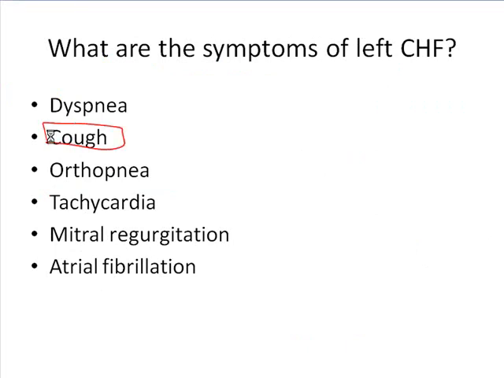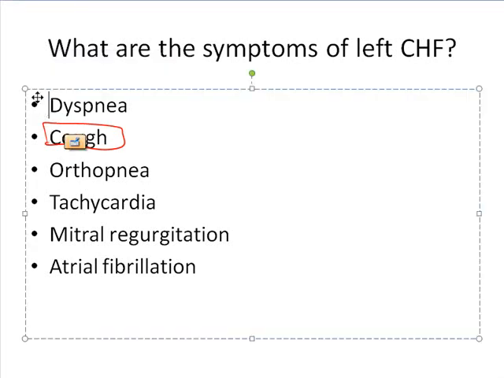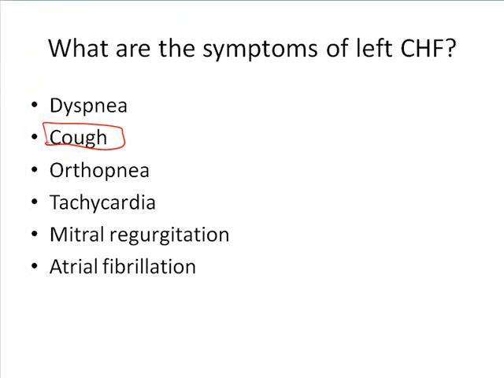They'll often have a wet cough due to the fluid buildup in their lungs. They'll often have dyspnea, or an inability to breathe easily. They'll have orthopnea, which means that when they're in a lying down position, they have difficulty breathing. They'll have increased heart rate or tachycardia.